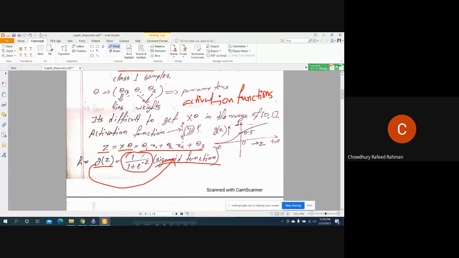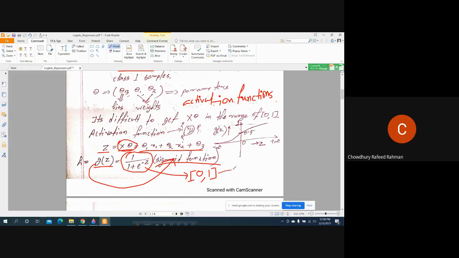So this value will be in the range of 0 to 1. No matter what appears as the product of x theta, the value will always be compressed between 0 and 1. Is it clear? Yes, sir.